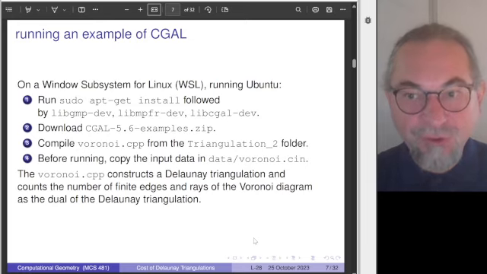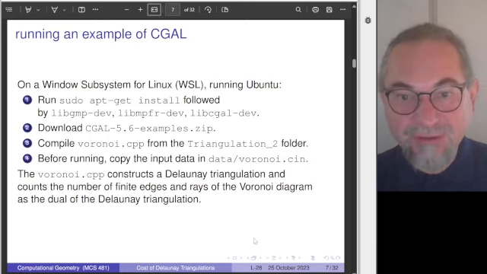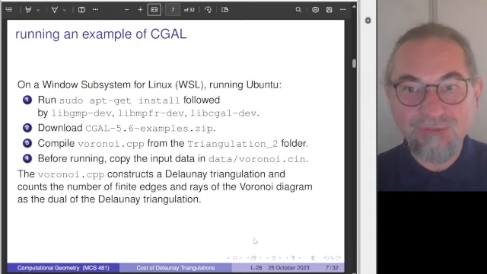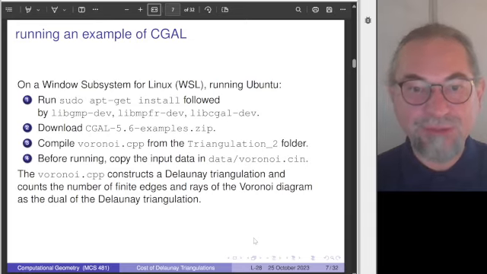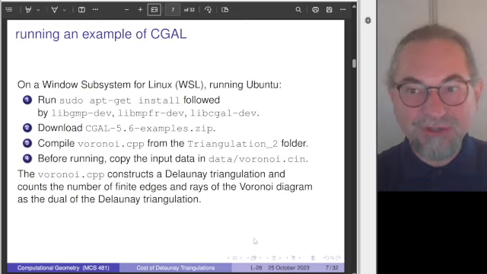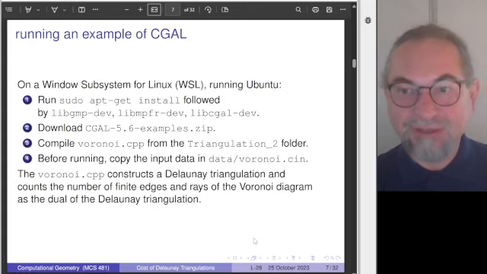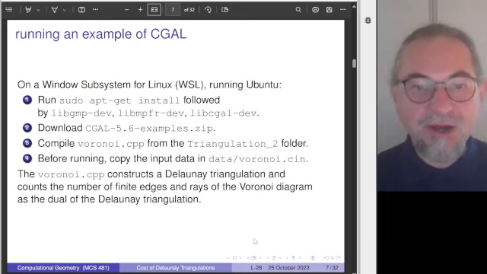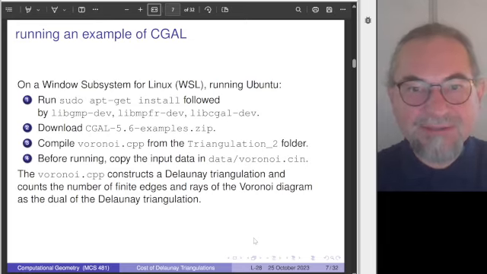The Voronoi diagrams and the Delaunay triangulations are both wrapped in Python. In previous lectures, we were focusing on the Python bindings. Also, SciPy provides it. Here we look at the C++ code.